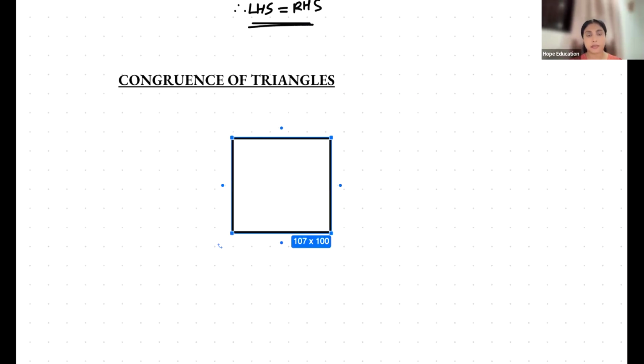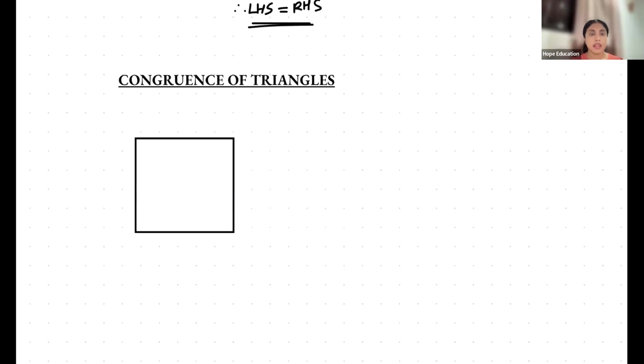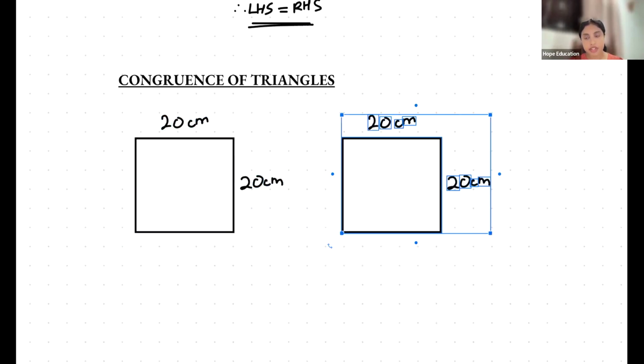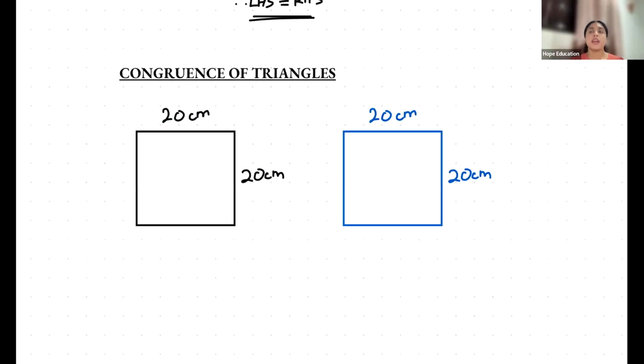And the length of one side is 20 centimeters. I have another square with the same dimensions, length of one side is 20 centimeters.